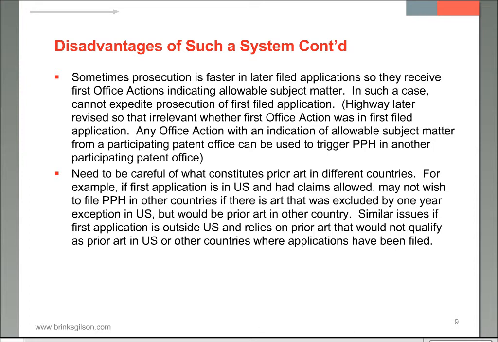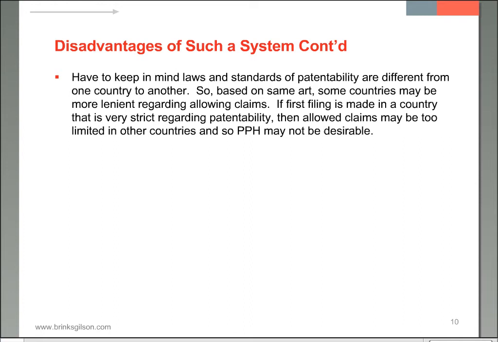Also, there may be cases where the reasons the claims were allowed in the first filed application are solely because certain references do not qualify as prior art, while the same art would render the same claims unpatentable in another country. Also, you should keep in mind the standards applied by a particular patent office. Some are stricter than others, and so the scope of claims allowed can vary depending on country.